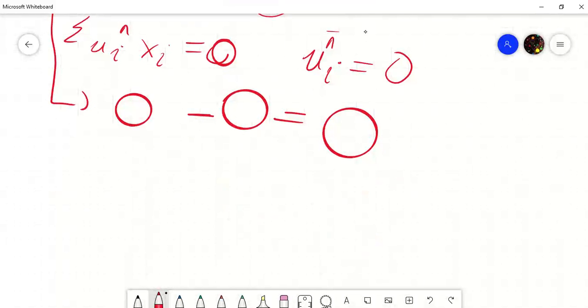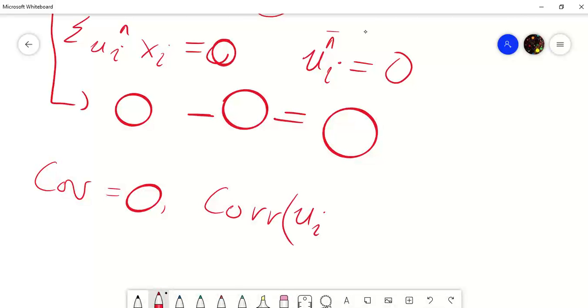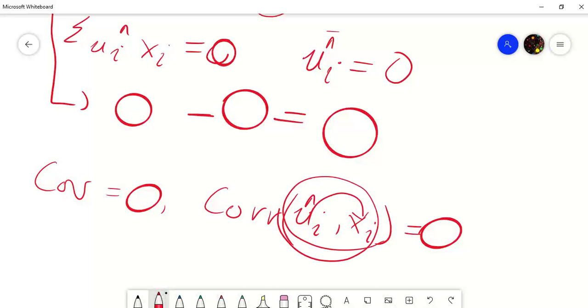From here we can say that if covariance is 0, then correlation between mu I hat and xi is also 0. There is no relationship between residual and explanatory variable. They are uncorrelated, and hence we have proved this property as well.